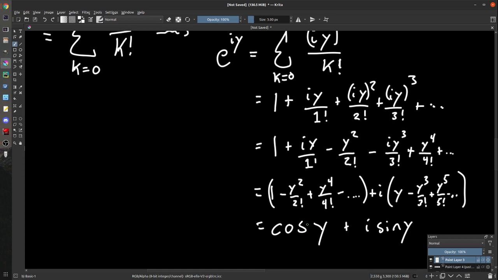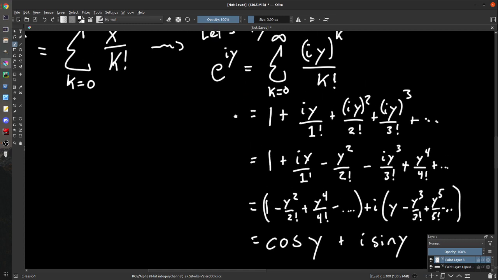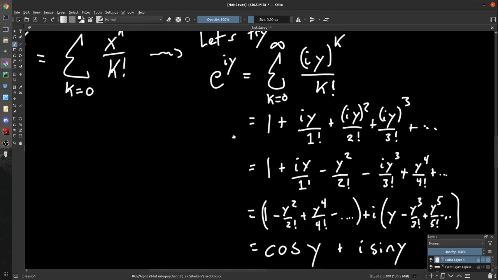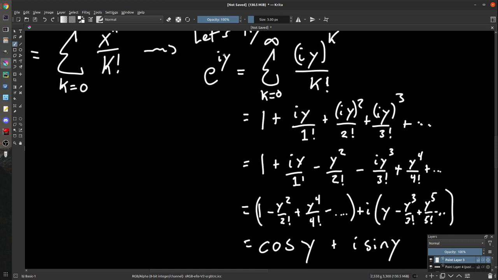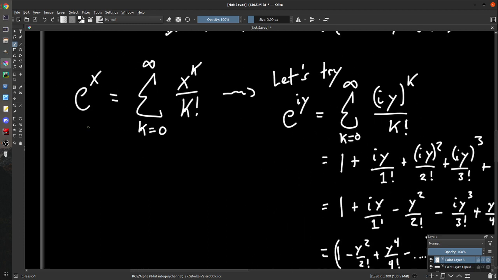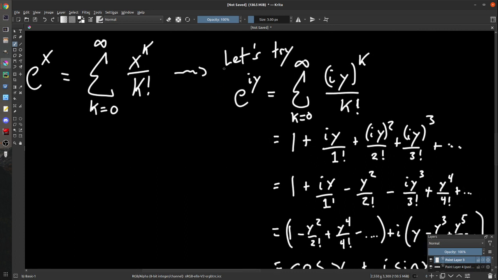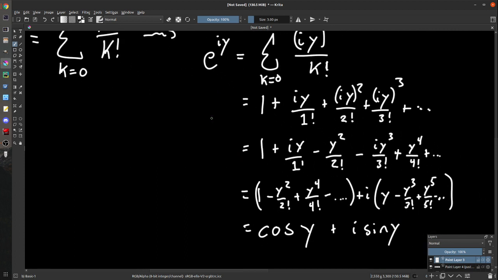And hey, would you know it, while we are not fully justified, we are just doing this intuitively as a heuristic right now for e to the iy. It seems reasonable to just take this series representation of the regular old real valued function, try plugging something like this in there, and getting something like this out.